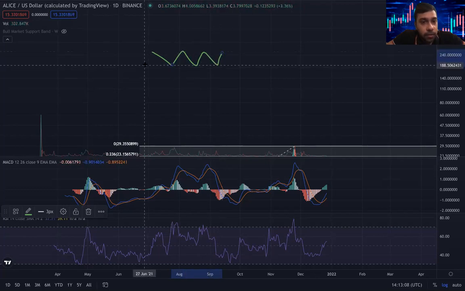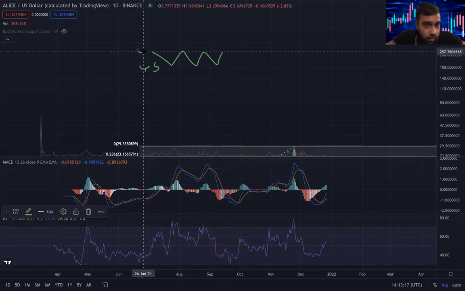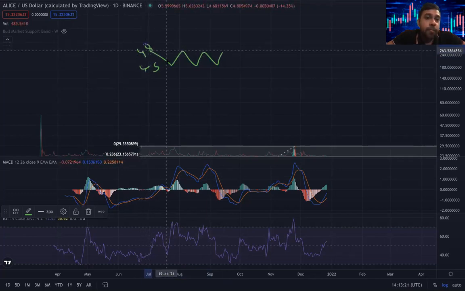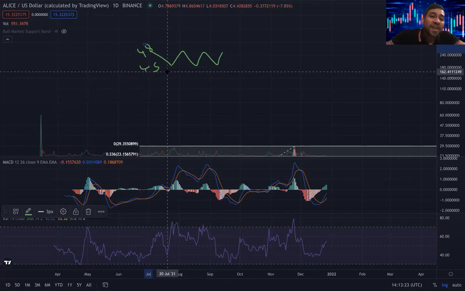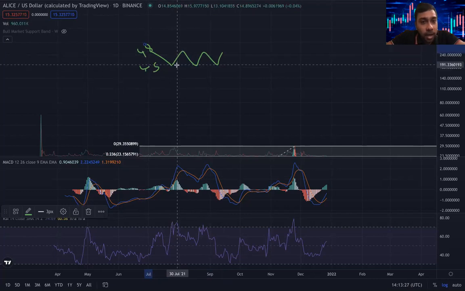Even though BTC was moving between 45 and 48K, we saw that the altcoins bled so much, right?